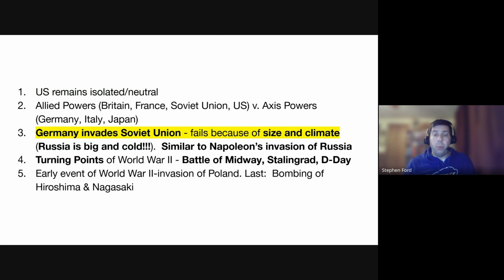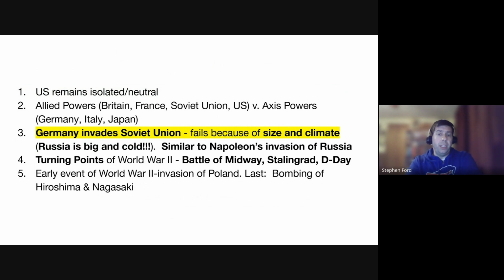I list some turning points of the war. The Battle of Midway. After that, Japan wins no further major naval battles in the Pacific War. Battle of Stalingrad. Germany's troops are in retreat in the east since then. And D-Day is that invasion of the Western Front, recreating a Western Front.